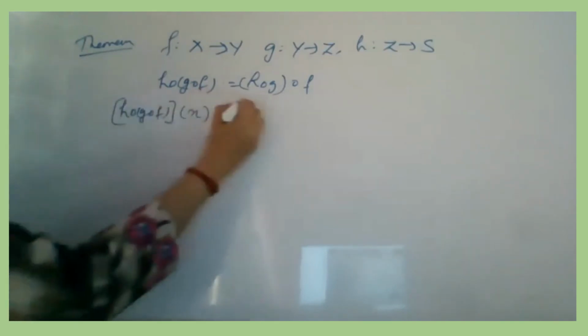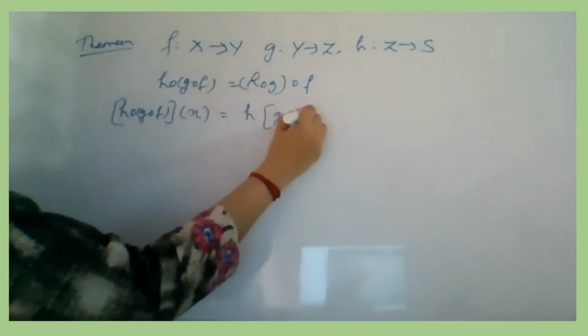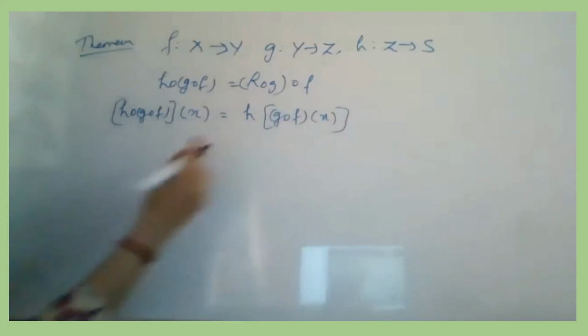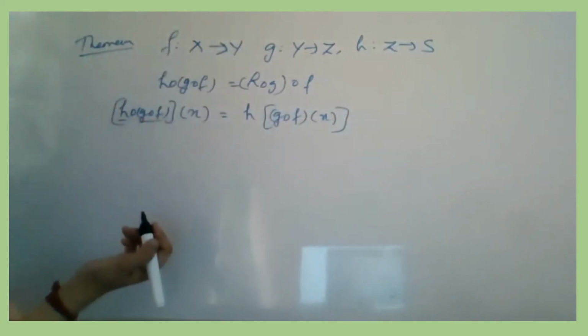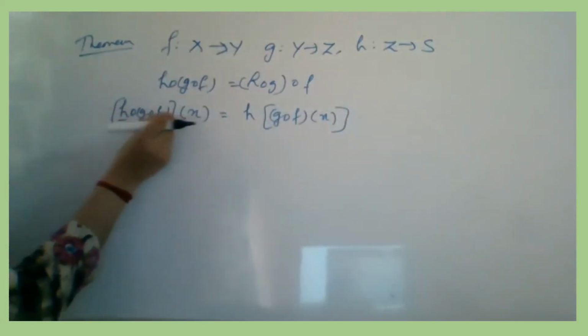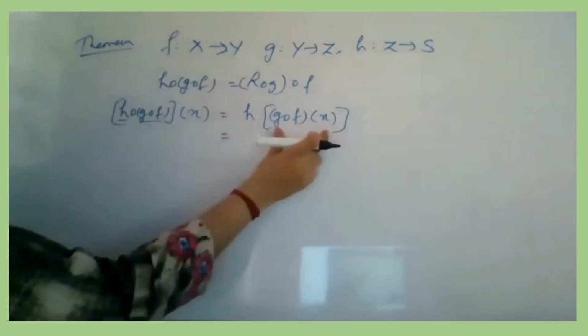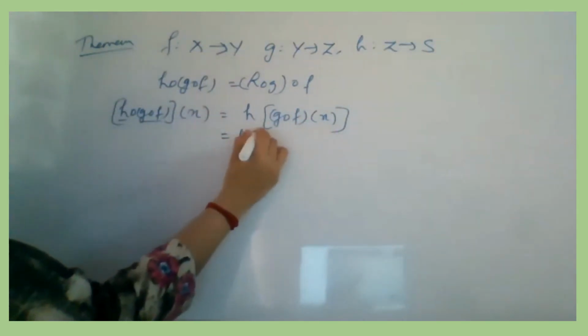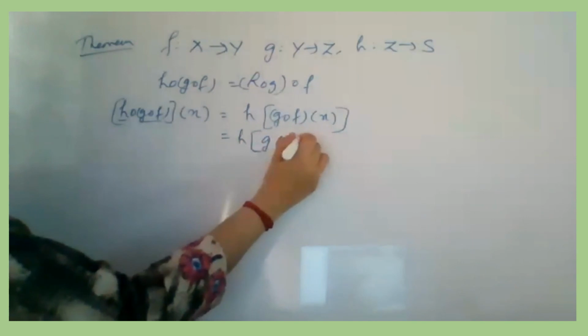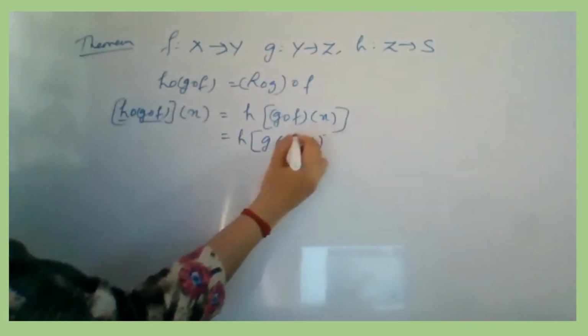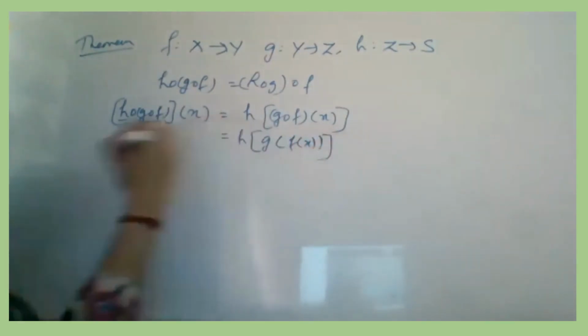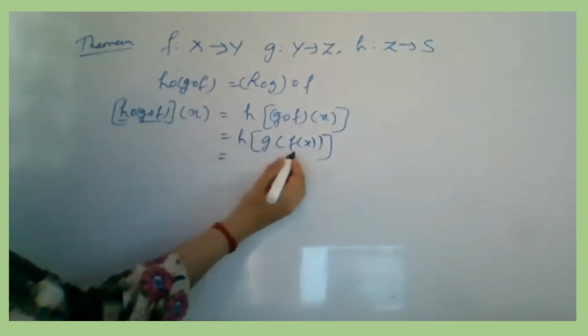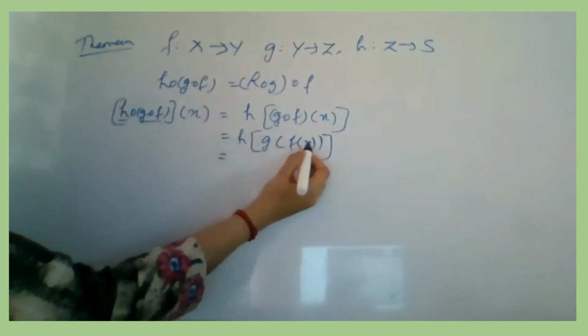By definition, h of (g composition f) of x. This is first, this is second, so we write g of f of x. Here too there is a composition, so we split it: h of g of f of x.